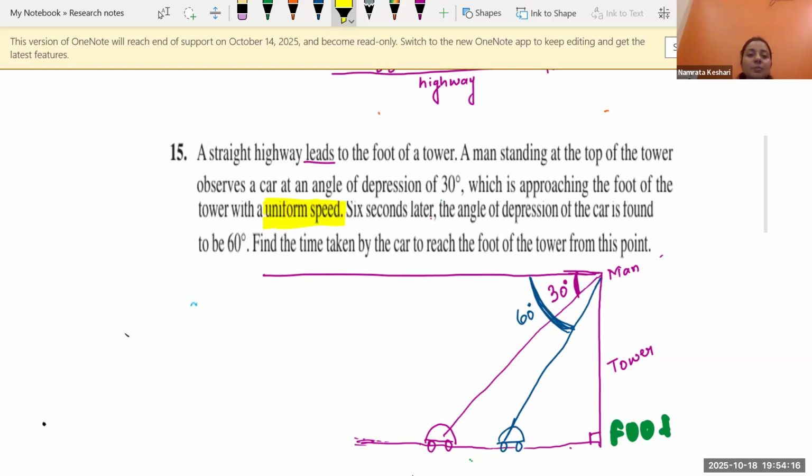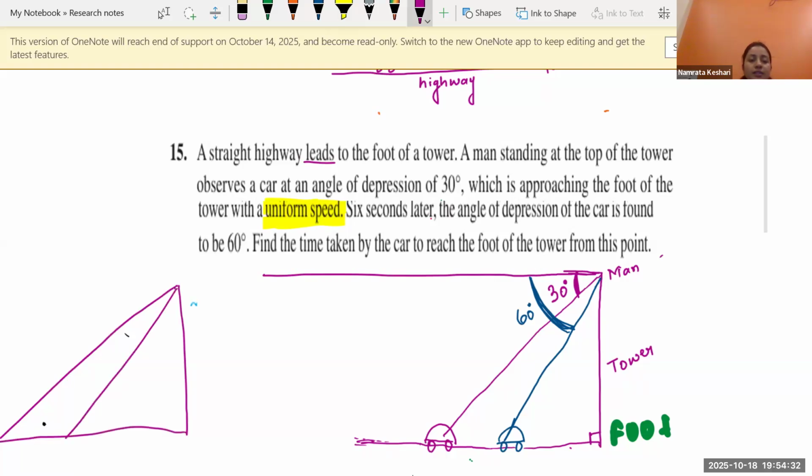Six seconds later means, for covering the distance, suppose I'm drawing over here. Your figure will look like this actually.